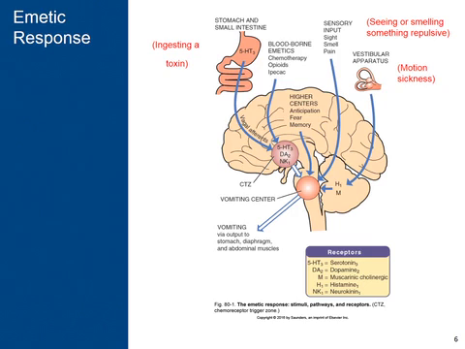So ingesting a toxin can be a source of the indirect stimulation of nausea and vomiting. Other things like blood-borne emetics: in the blood, there are sensors for toxins that can lead to activation of the chemotrigger zone and ultimately activation of the vomiting center.